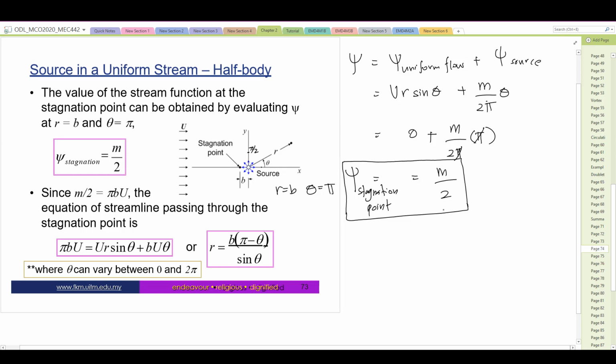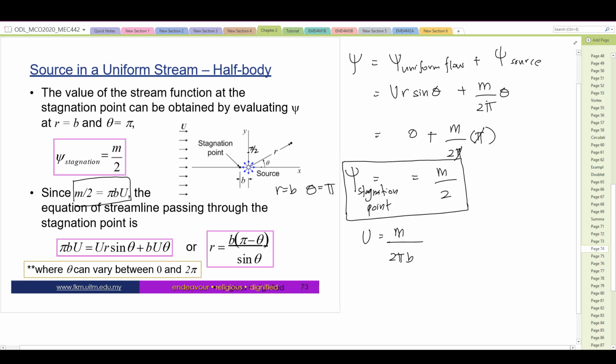Since m over 2 equals pi b U, the equation of streamline passing through the stagnation point follows. Where does this come from? Before this, at the stagnation point, we got U equals m over 2 pi b.